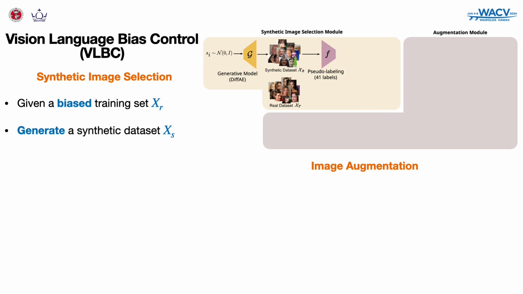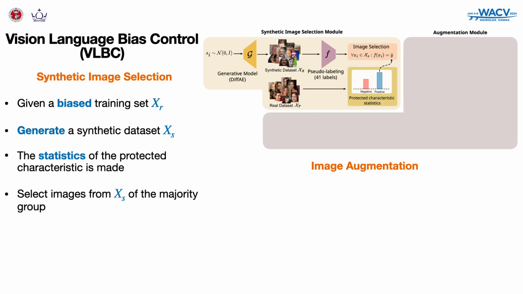Image selection is done by means of statistics computed on the training set XS. We compute the distribution of the generated images with respect to the protected characteristic and select images representing the majority class. These images will then be augmented toward the minority class in order to balance the original training set XR. Selecting images of the majority class gives us a greater and more diverse number of available images to be added to the training set XR.